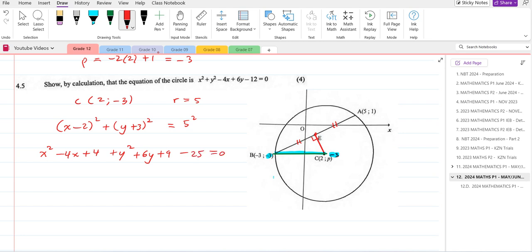Bring the 5 squared over. Now we have x squared plus y squared minus 4x, right, plus 6y. Now plus 4 plus 9 is plus 13, minus 25 is minus 12, which is equal to 0.